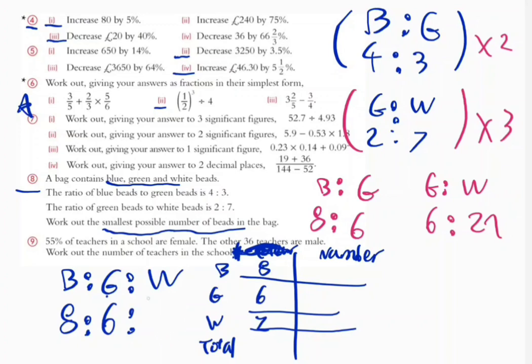Sorry for that. And also here, 21. Now adding these, 8 plus 6 is 14, 14 plus 21 is 35. So 35 is the total, but this is like the ratios. And also the final answer is going to be 35. So the smallest possible number of beads in a bag is going to be 35.